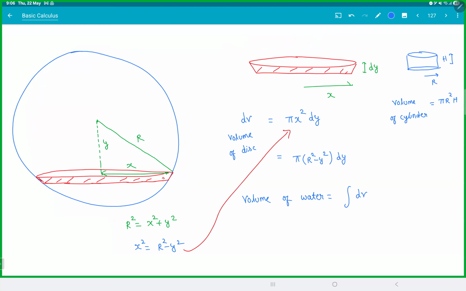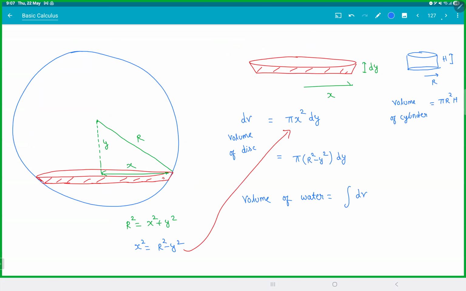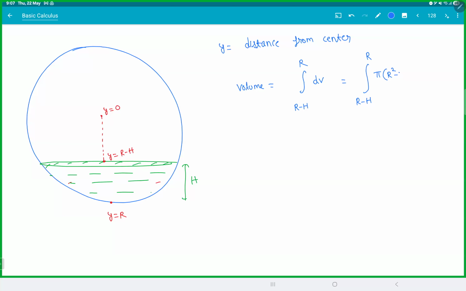So what is dV? So dV is this guy, pi into r square minus y square. You're done actually. The integration is actually easy. The headache was getting till here. So this is from r minus h to r, of pi into r square minus y square dy.